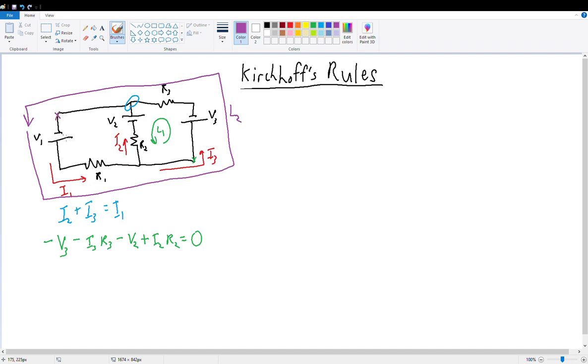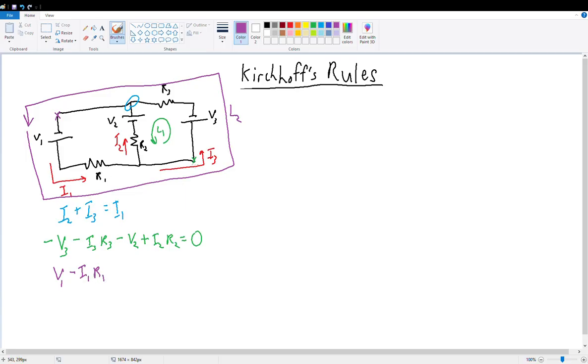I'm going to start right there. So if I start here, I'm going to go down through V1, going from negative to positive, which means this is positive V1. And then I'm going to pass through the resistor. My loop and my current are going in the same direction, which is a minus I1R1.